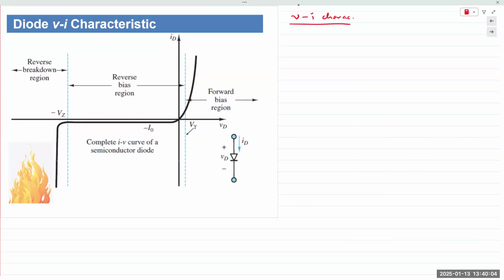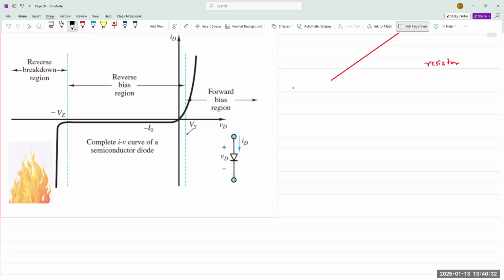For a resistor, capacitor, or inductor, it's basically a straight line. As the voltage is increased, the current increases. If the voltage decreases, the current decreases, right? So that is true for all three: resistor, capacitor, and inductor.